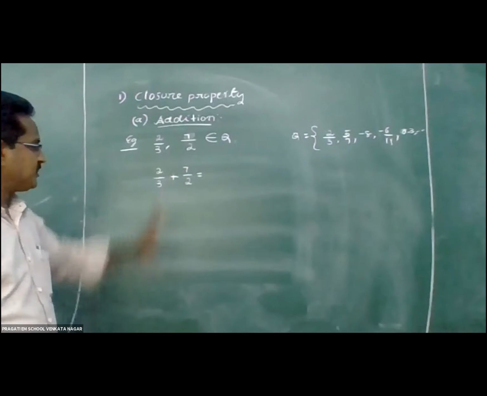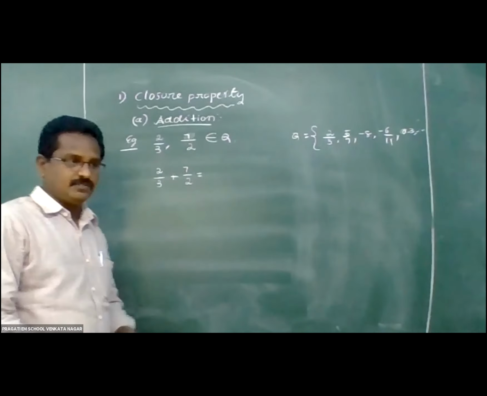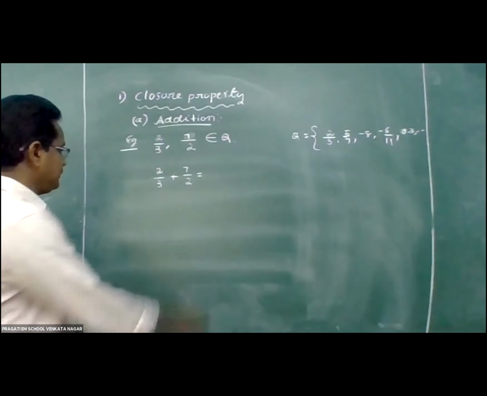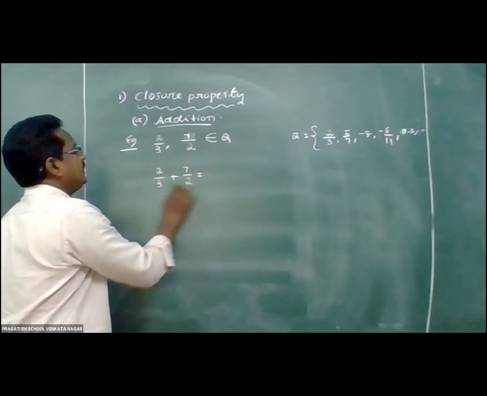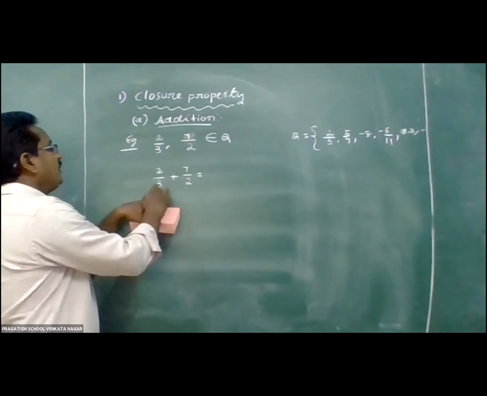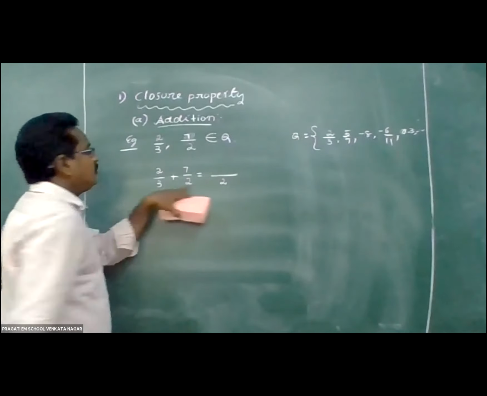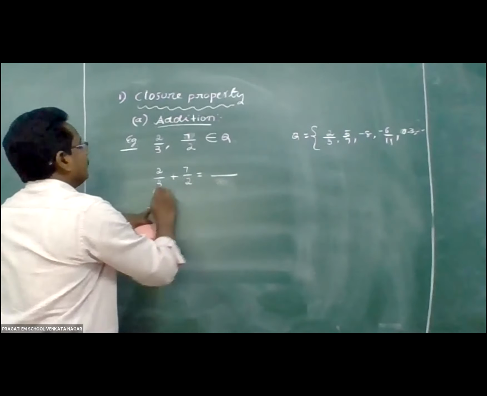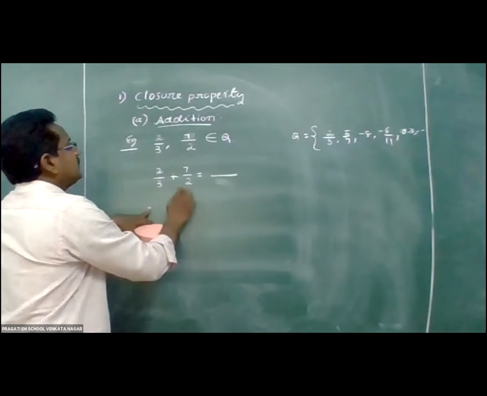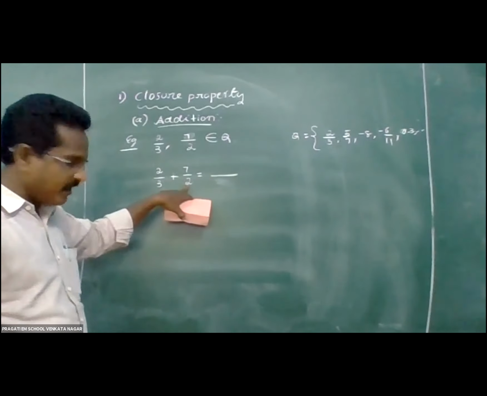Whenever unlike fractions are given, how can we add them? I will explain once again. Whenever different denominators are present, we have to find the LCM of the denominators. Here, 3 comma 2: these two are consecutive numbers, which means they are co-prime numbers.